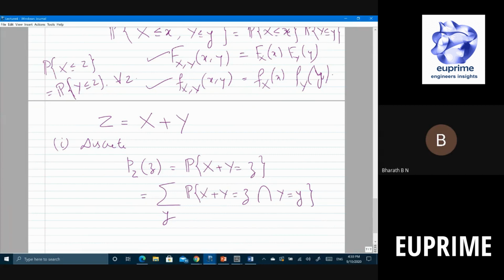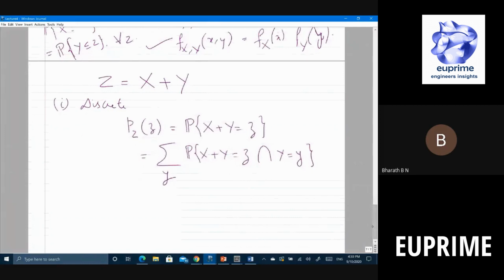Can anybody give an explanation of why this is an equality? Let me call this event as AY.